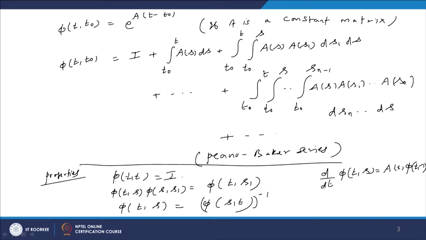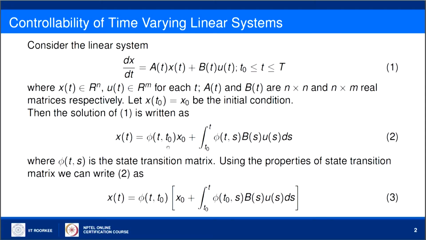So, these are the four properties of the state transition matrix. It is clear that the state transition matrix is always an invertible matrix. So, using the property, we can write the equation 2 in the form of equation 3.